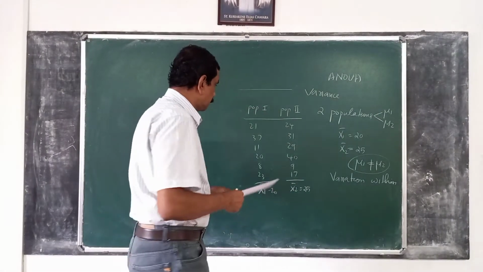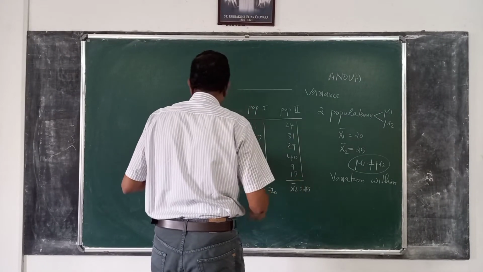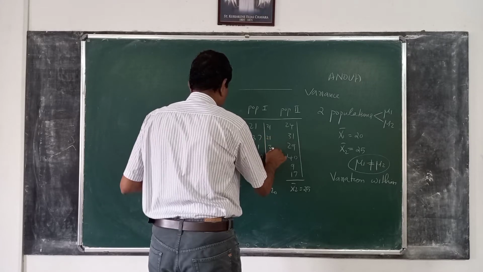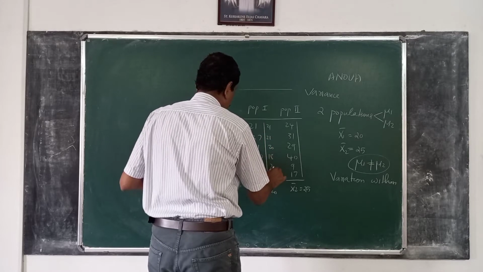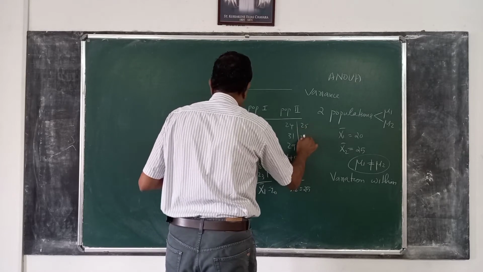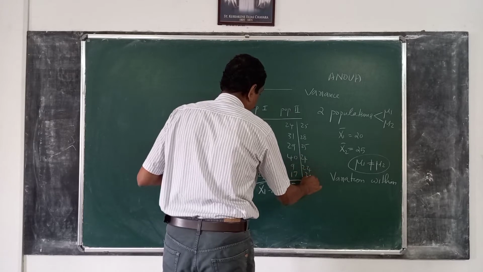Now you consider another set. This time it is 21, 21, 20, 18, 20, 20, 25, 28, 25, 24, 24, 24.